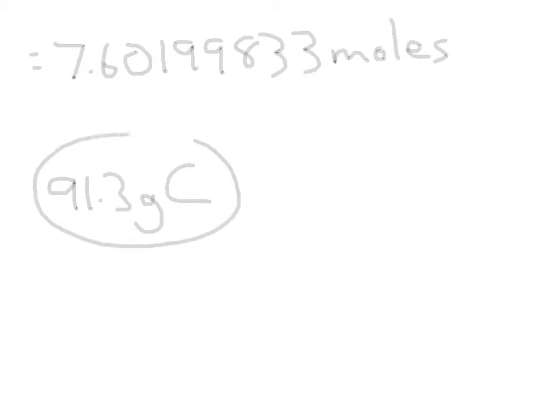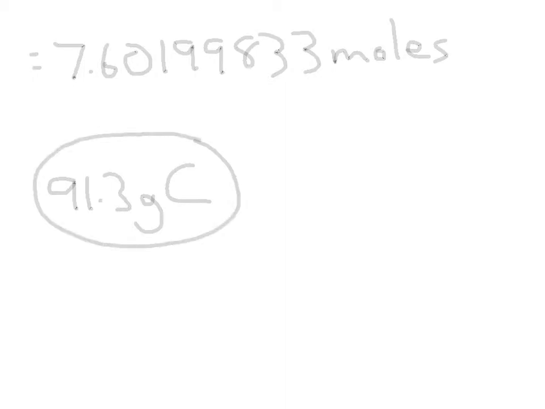And you may be thinking that I've got a number here without any units, and you would be correct. The units here are moles. You might also remember that the original value that we were converting is 91.3 grams of carbon.